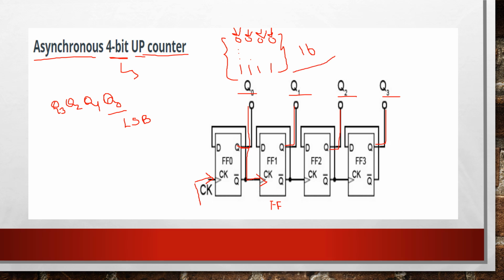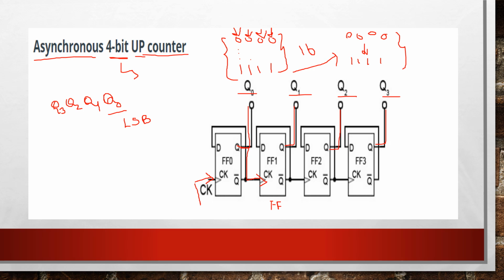Again the counter will reach 0, 0, 0, 0, then it starts the counting again. So the cycle is repeated like this. So this is the up counter.